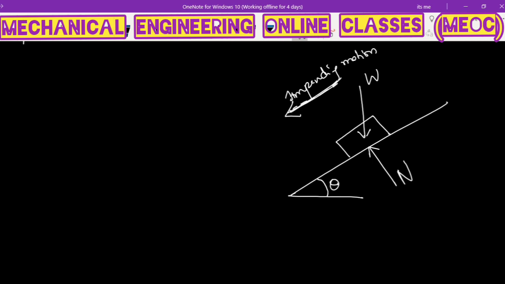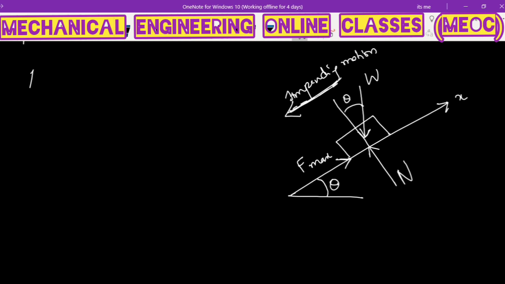So the friction will be acting opposite to it, means up on the inclined plane. So it is F max, which is nothing but mu s into N. Because the inclined plane is at theta, this will be theta. So let this be x. So theta is the angular slope at which the block is about to start sliding.